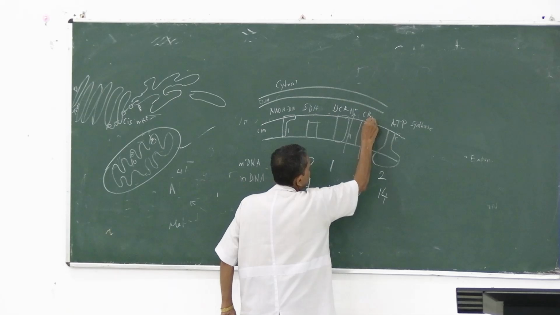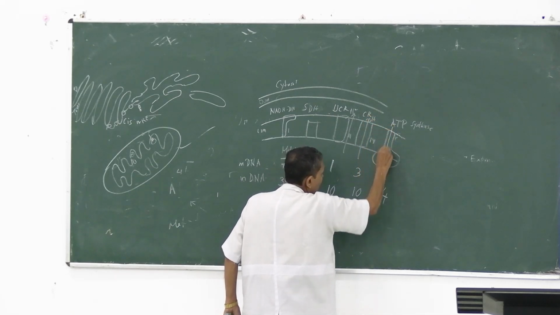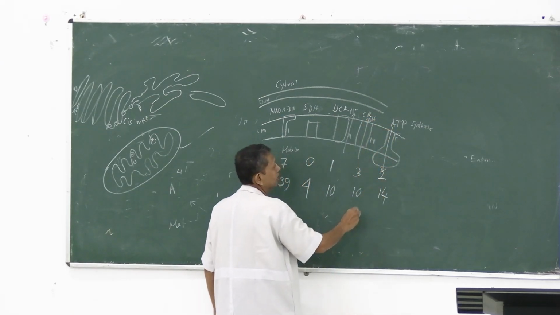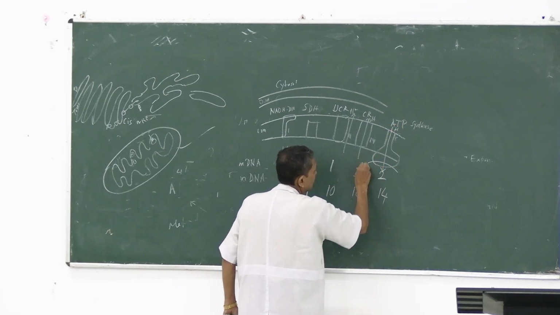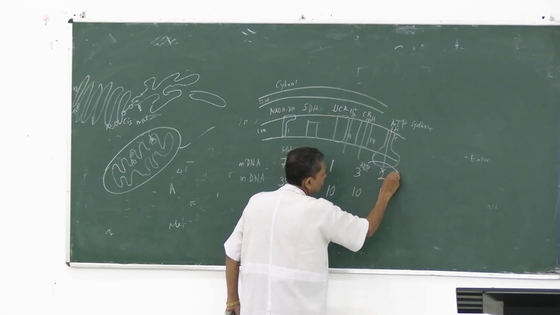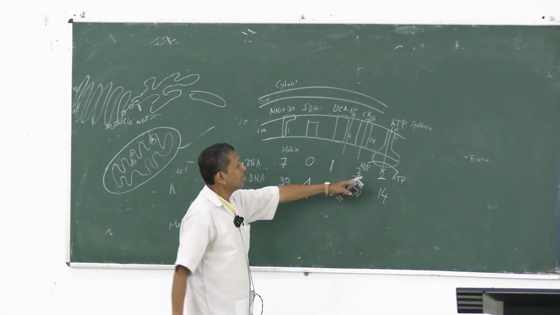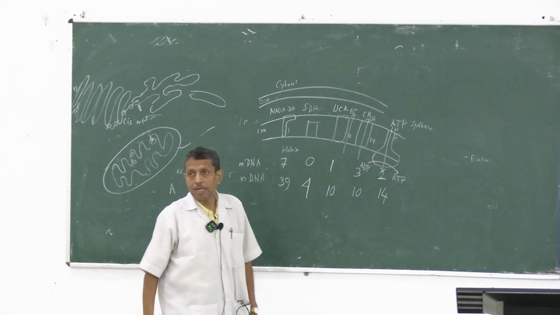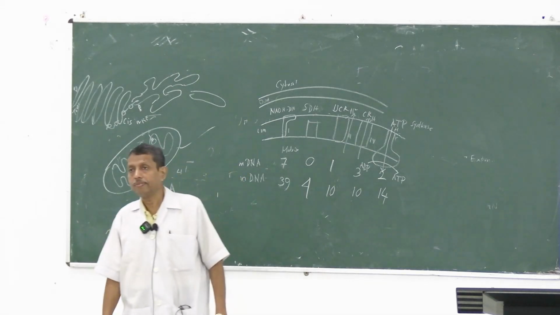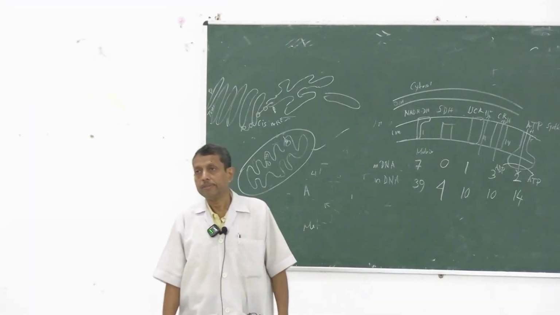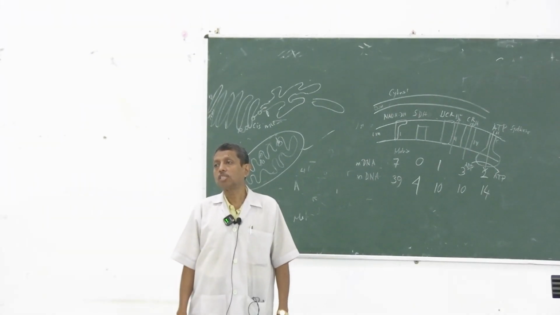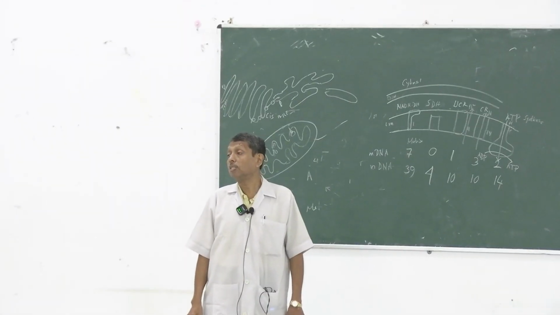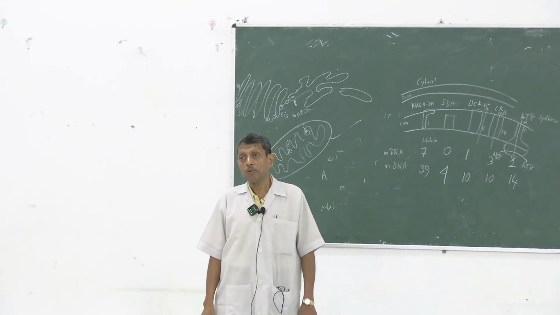Hydrogen ion will come in this direction, and there is synthesis of ADP to ATP, and there are some transporters that can carry this ATP ultimately out of this mitochondria. Transport system, and different toxins or drugs can have effect upon the transport system of various components.